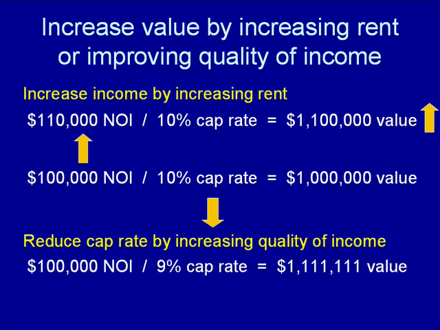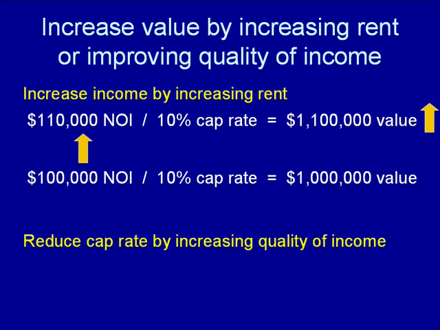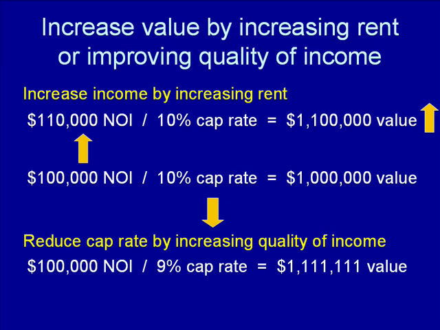We still have the same income, $100,000, but the cap rate is now down to 9%. We don't require as high a return. So now when we do our equation, $100,000 net operating income divided by a 9% cap rate, our value is now $1.11 million, increased from before. So you can see that there are two ways to increase value.